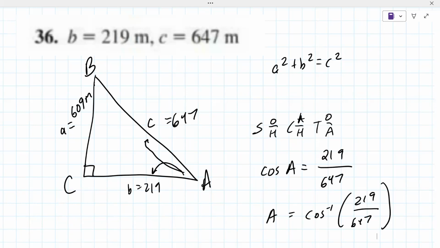Once you get that angle, you subtract it from 90 to get the other angle. 70.2, so 70 degrees. Check with your instructor on rounding. So that's 20 degrees like that. Good.